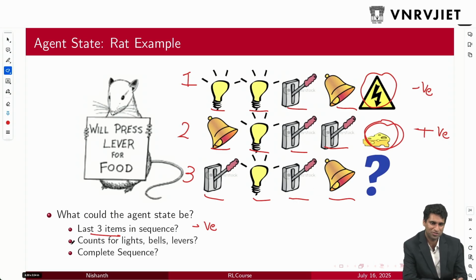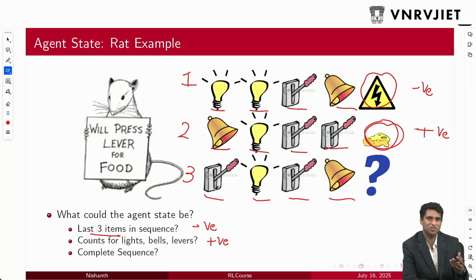So if it chooses to have this as a state representation, then the rat can expect positive reward, right? But if the rat is just remembering the entire sequence, like, oh, the first episode was 2 lights, lever, and then bell, then actually episode 3 does not match with any of the episodes. So the rat cannot expect either a positive reward or a negative reward.